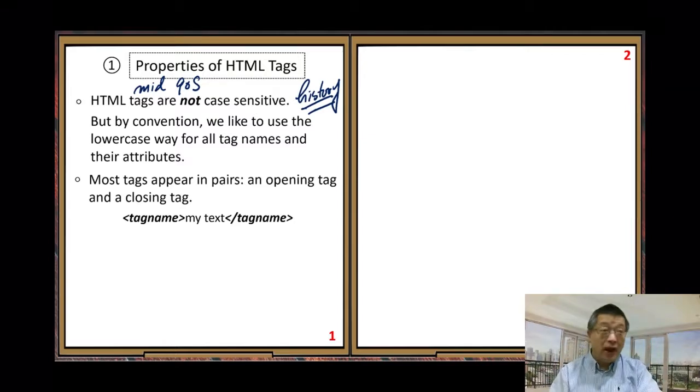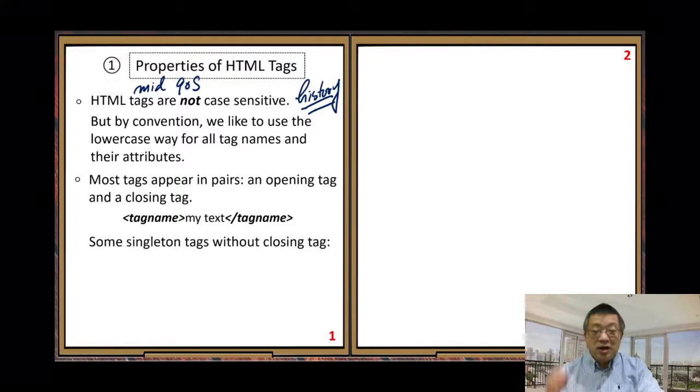You can see single tag cases. Here we have some simple examples of singleton tags. The first one, the BR tag. The meaning, a line break.